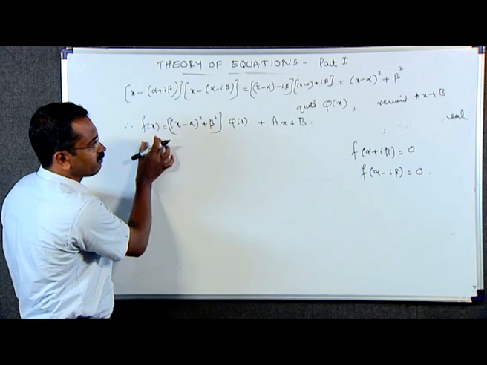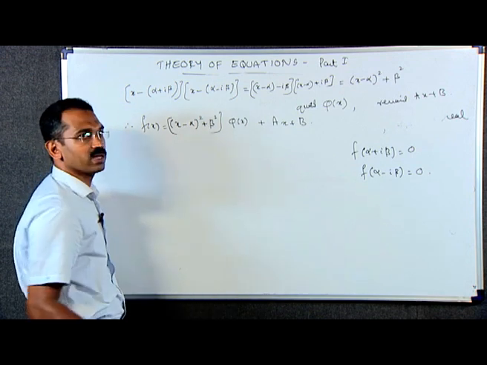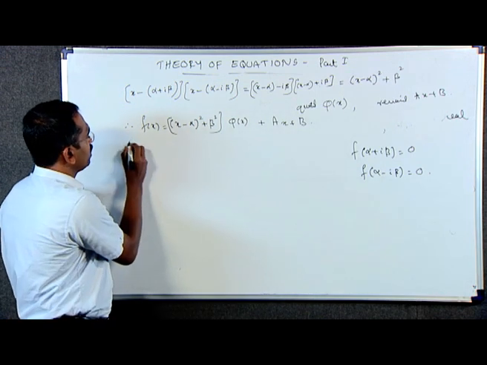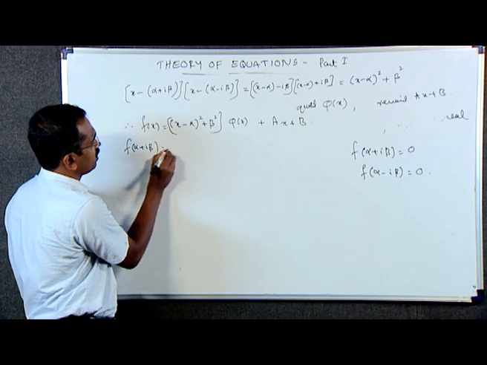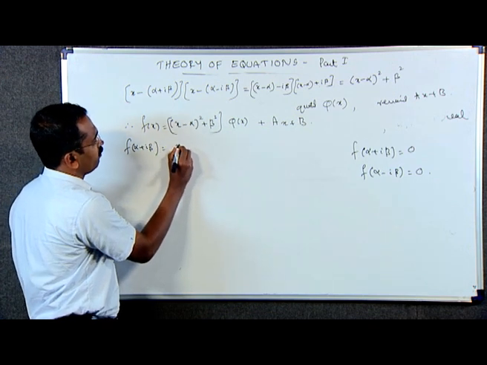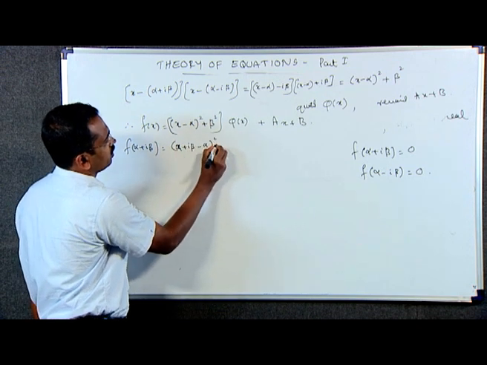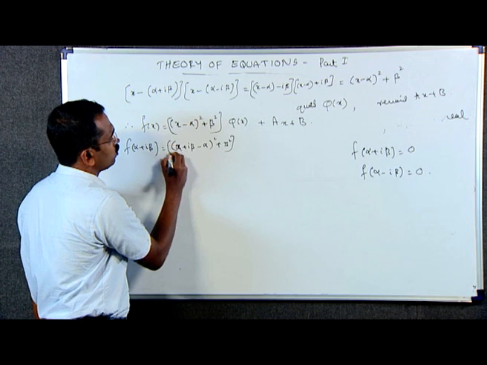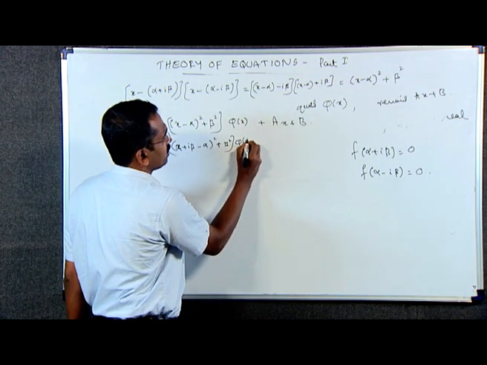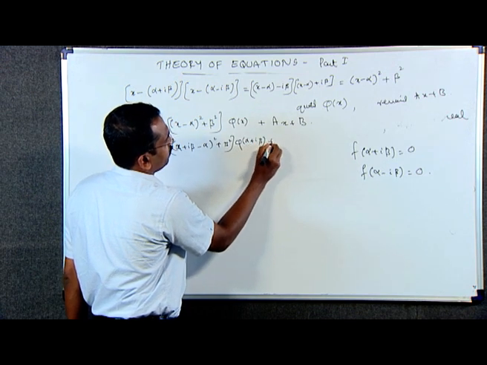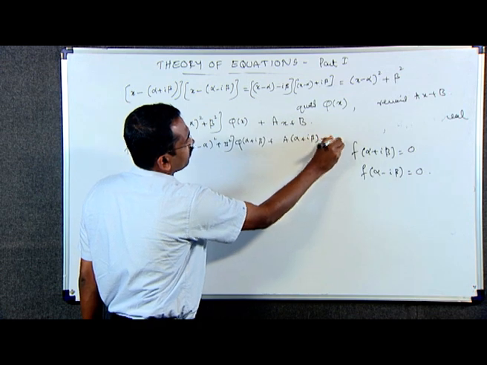F(alpha plus i beta) equal to 0, we put x is equal to alpha plus i beta, we will get the left hand side as f(alpha plus i beta) is equal to ((alpha plus i beta minus alpha) the whole square plus beta square) into phi(alpha plus i beta) plus a into (alpha plus i beta) plus b.